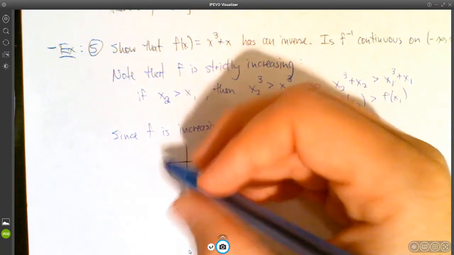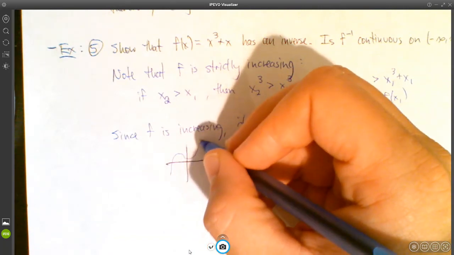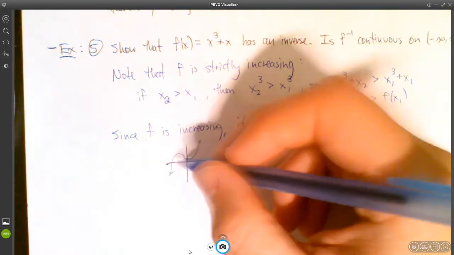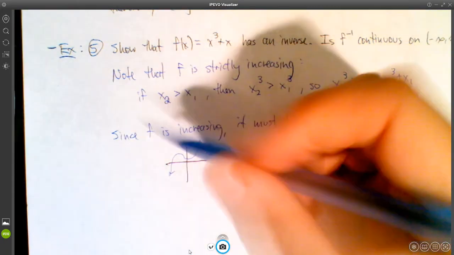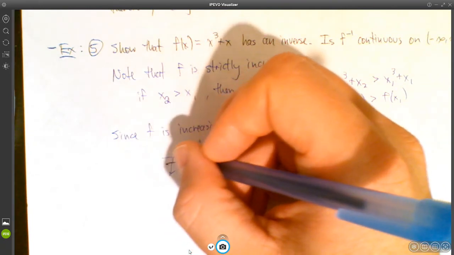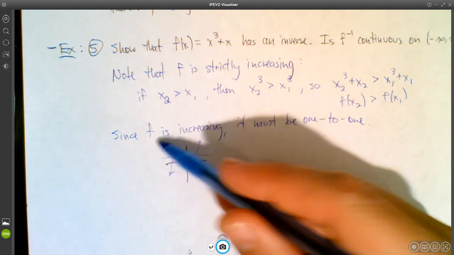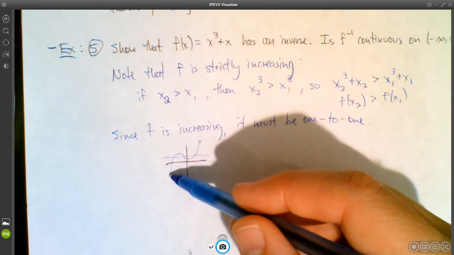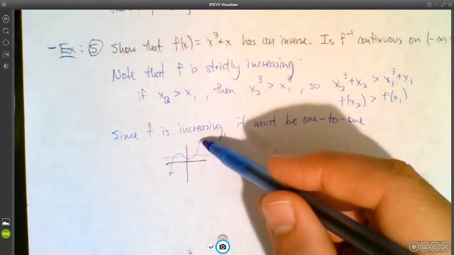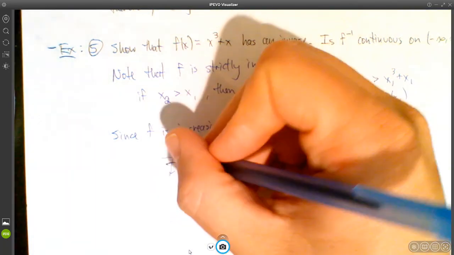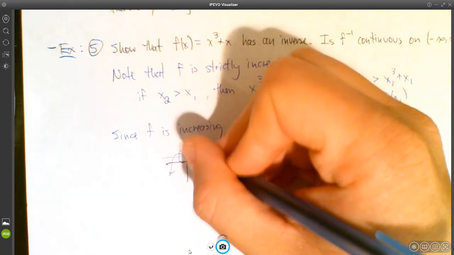And in order to fail the horizontal line test, the function would have to double back on itself like that before going back up. Some cubic functions do this, but that's not the case here. Here we're increasing, but when we start to drop again, we're decreasing before we increase again. And we know that this part doesn't happen, because f is a strictly increasing function.